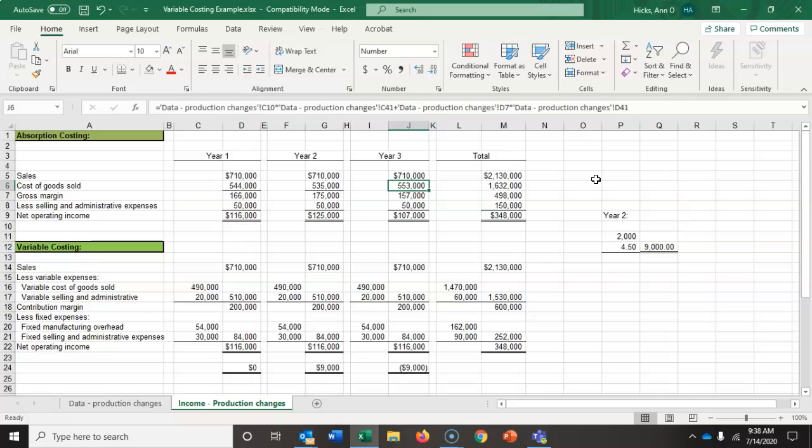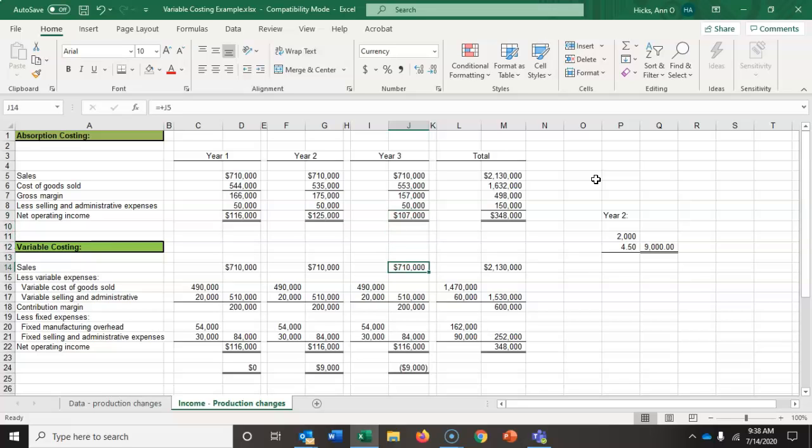So we have $553,000 in cost of goods sold. We subtract that from $710,000. That gives us a gross margin of $157,000. Subtract our selling and admin expenses, which haven't changed because our sales haven't changed, and that leaves us with $107,000 in net operating income.